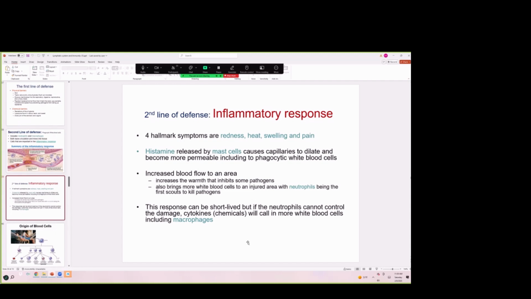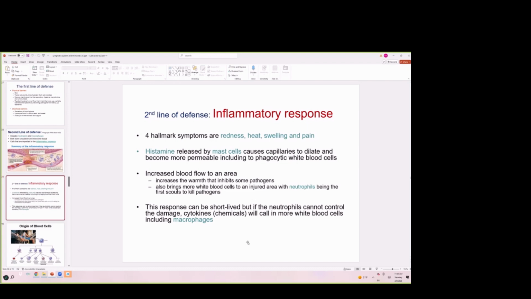Suddenly, the first day the area is swollen, and then it keeps getting swollen, and then pus is forming, and it's not healing. Then you say, maybe I need to go to the hospital to check it out. So let's look at the next step of what happens to be able to deal with this process.